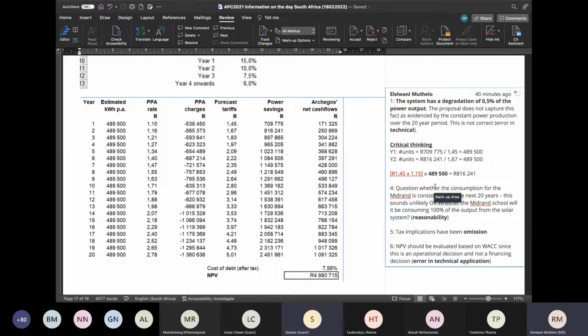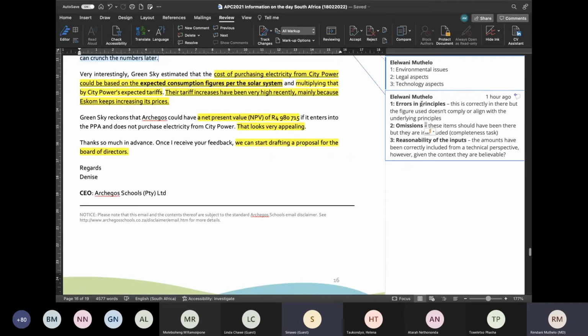Am I missing something? That will always be a question to ask. For me, it is where you ask: did I check for errors? Did I check for what is missing? And did I really question all the inputs? If I did, then I should be fine with coverage.